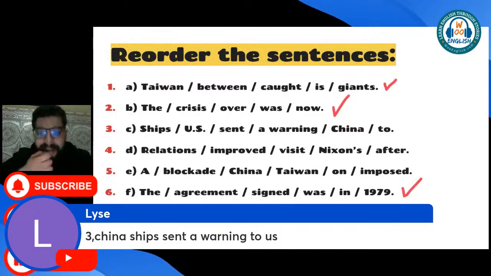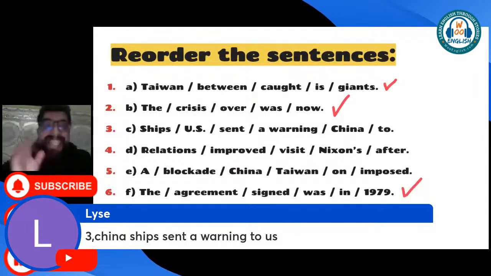China ships sent a warning to the US. That's one suggestion. This is what I meant for number three. It can be China ships sent a warning to the US, or US ships sent a warning to China. All right? So it can be one way or the other.